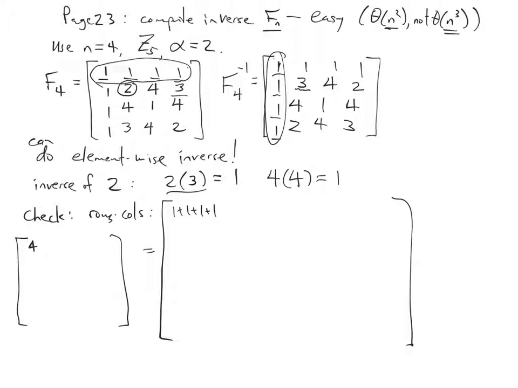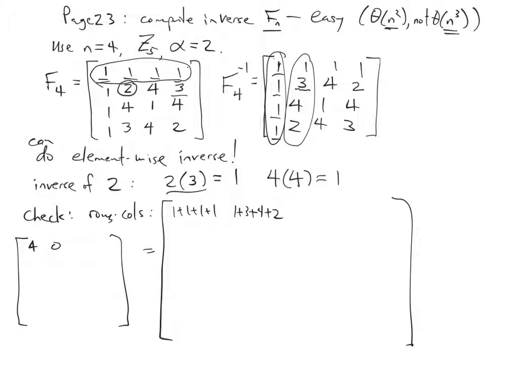Okay, then I take this row times the second column. That gives me 1 plus 3 plus 4 plus 2. Interestingly, when you add up all the numbers in Z5 except for 0, 1 plus 3 plus 4 plus 2 is 10, which is 0.